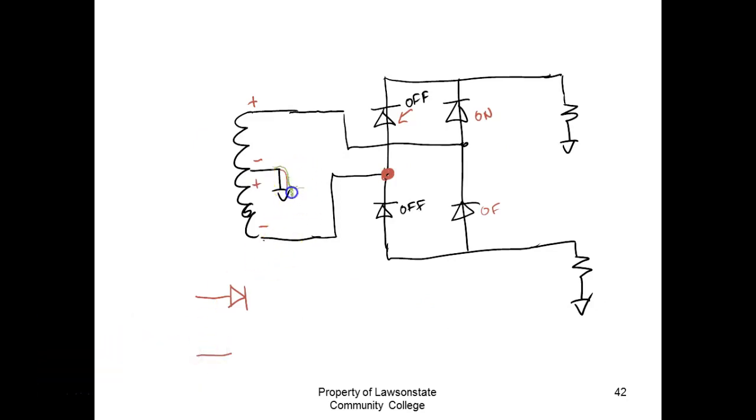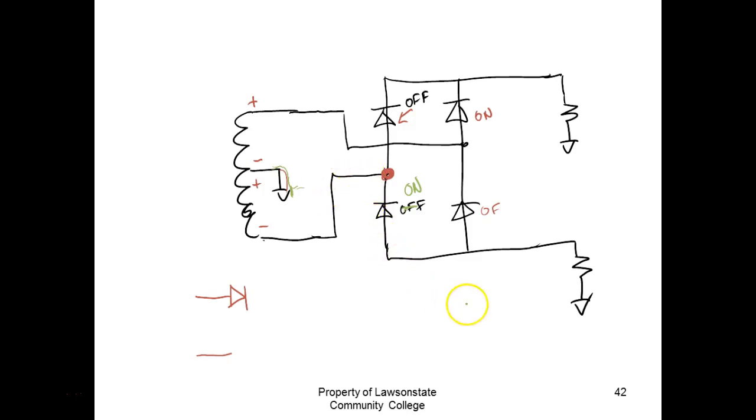So come up and leave here, go out the ground, do what? Now what we've got to do is just figure out which way the current is flowing through these two diodes, right? So this one right here I marked is off, but this guy right here is on. Okay. Are we okay? Okay.